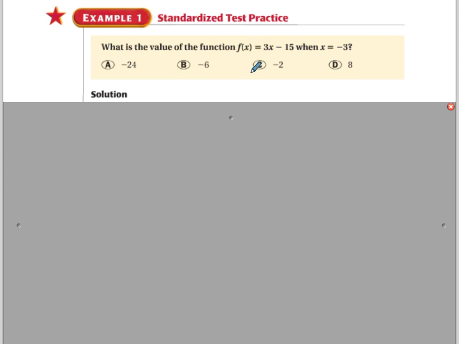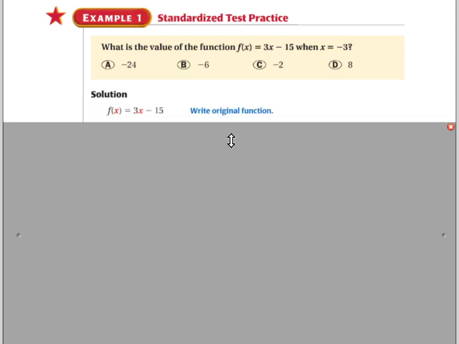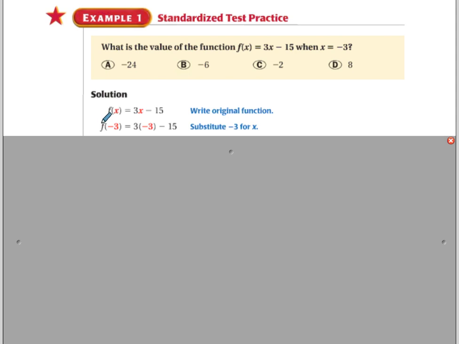It's very simple, we're just going to take that x equals negative 3 and plug it into our function. So we write f of negative 3, which just means that we're finding the function when x equals negative 3. Then we substitute negative 3 for x: 3 times negative 3 minus 15.